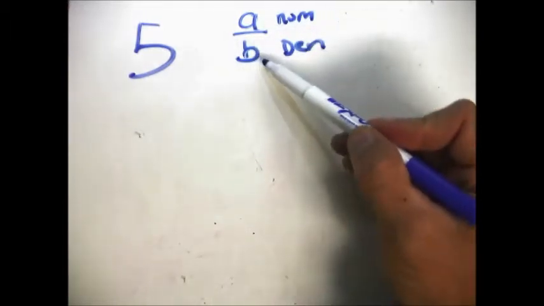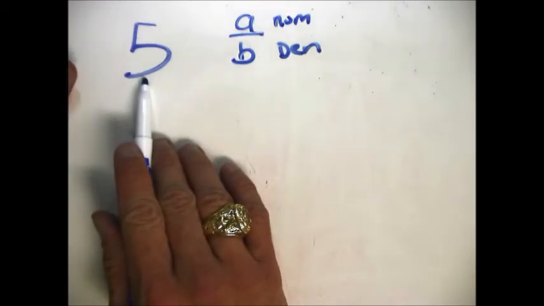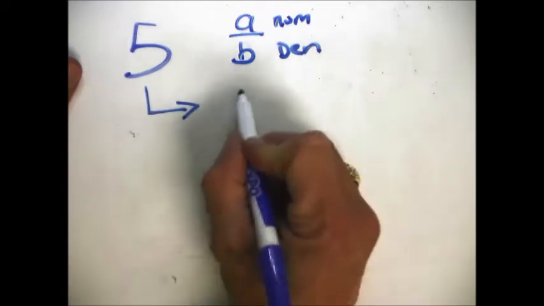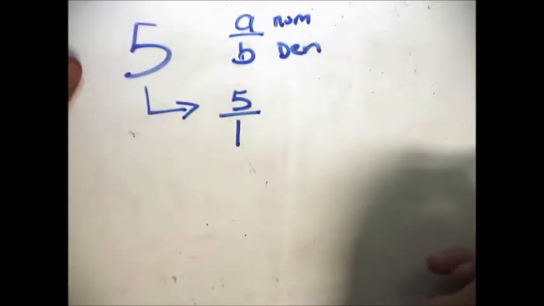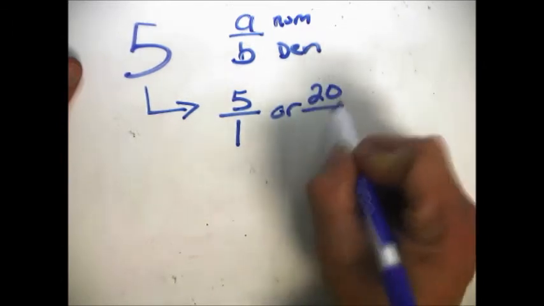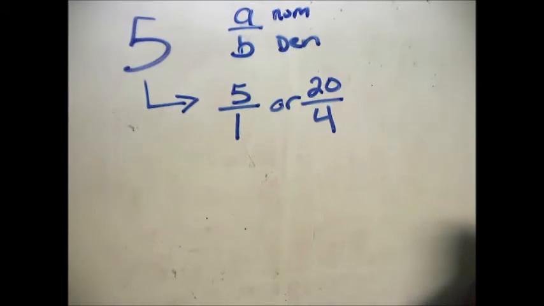And remember, the denominator cannot be 0. So can I take 5 and make that into a fraction form? Well, of course you can. You could do 5 over 1, or you could do 20 over 4. Those are just a couple of examples. So 5 is a rational number.